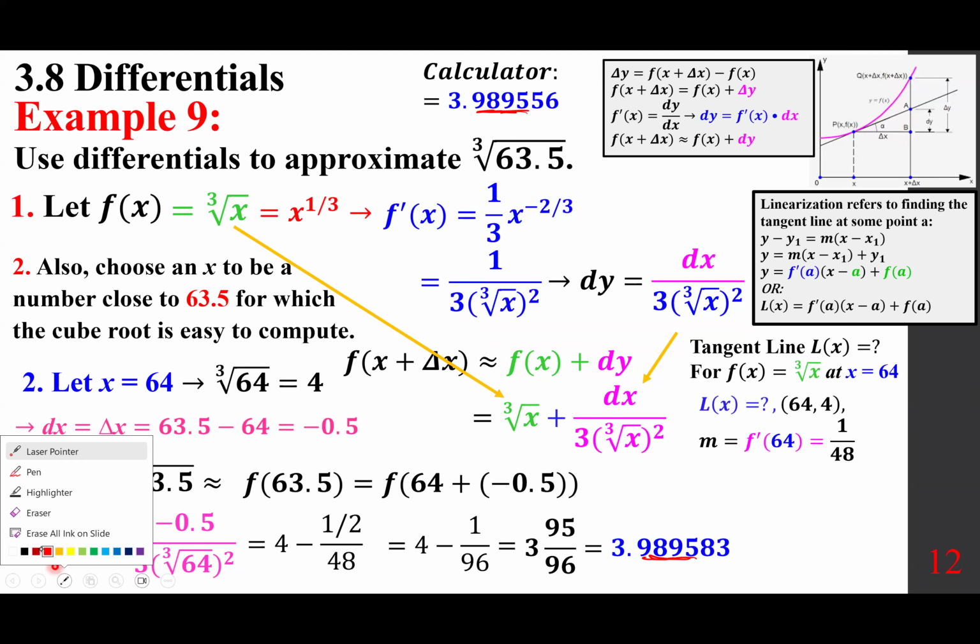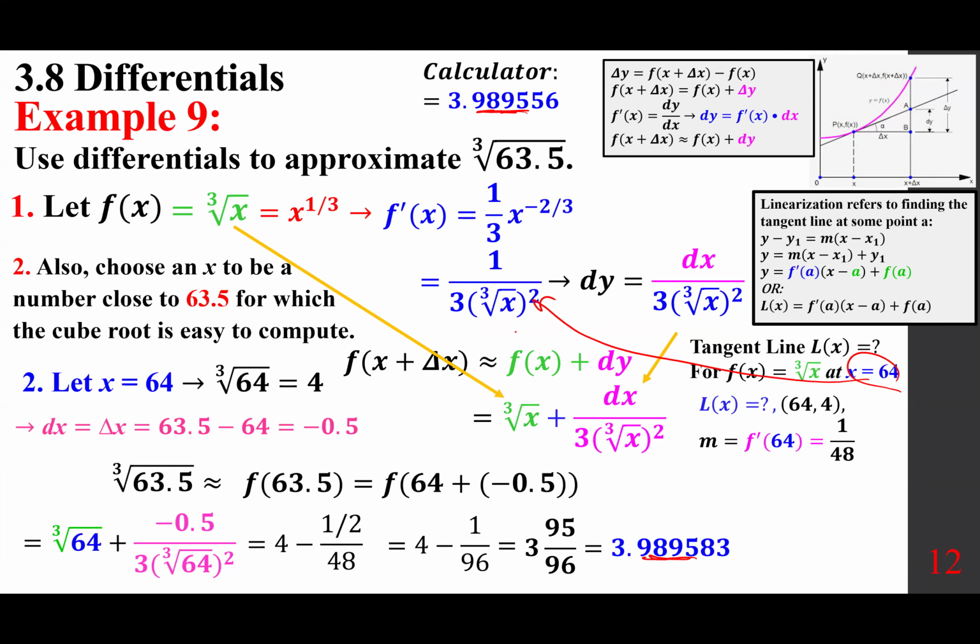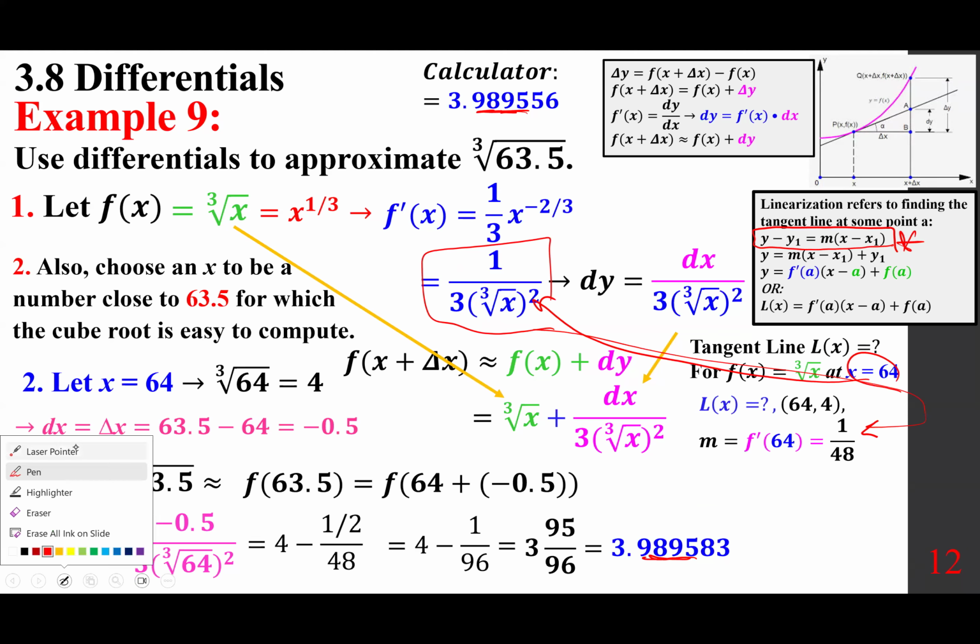So that's how you get this slope. I'm going to use the point slope. y minus y1, that means y minus 4, equals m, that means 1/48, times x minus x1, which means x minus 64.